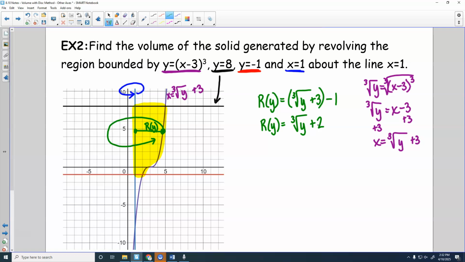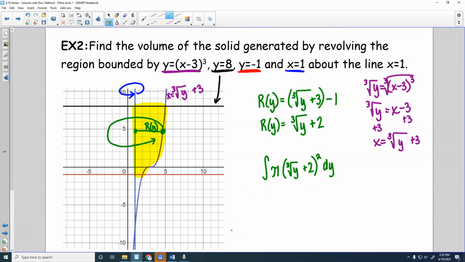Okay, questions so far? All right, so that needs to go into the area of a circle formula, so pi r squared. So pi times the radius, which is the cube root of y plus 2 squared. We're going to have a dy here.